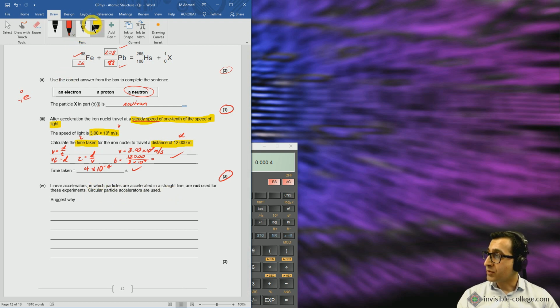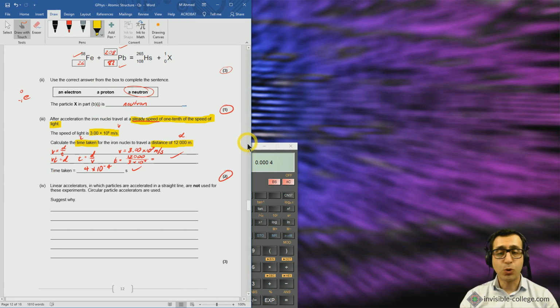Suggest why. Now, this goes back to another point of exam technique. Again, in this question, you're being presented with an unfamiliar context, a context within which you've probably never been taught about linear accelerators or things like that, or very little about them in your course, so you're unfamiliar with them, but the examiner is requiring you to apply your existing knowledge to this situation in order to solve the question.